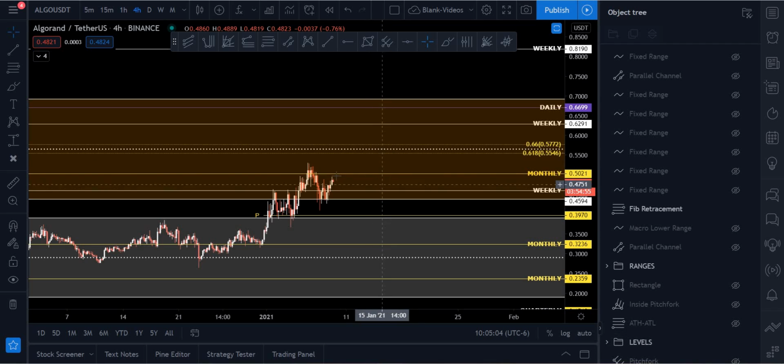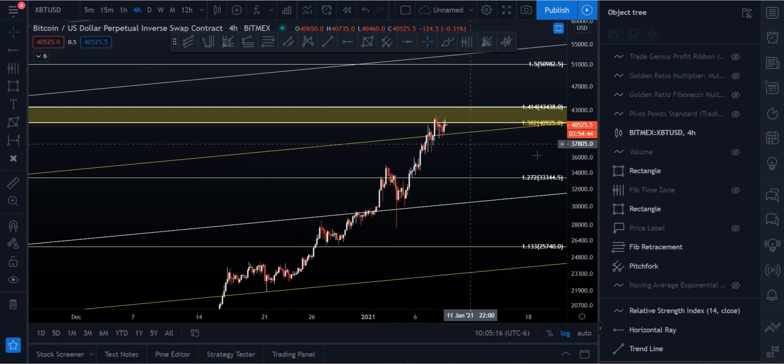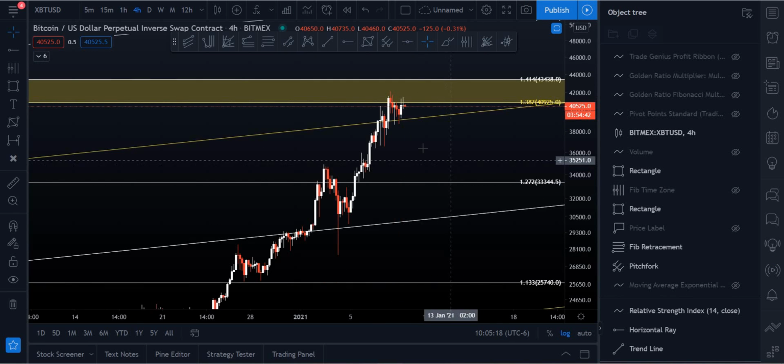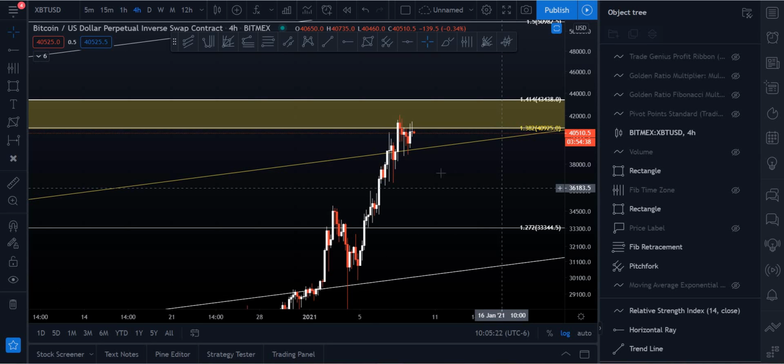But I am giving the edge to this being one of those things where it's going to be all dependent on Bitcoin. You guys know that if Bitcoin dumps, these are going to go ahead and dump hard. That's what they do. And Bitcoin currently is finding another rejection at this area, as you can see, off the 40.925 level. So again, the range continues, and we just kind of ride out that support.